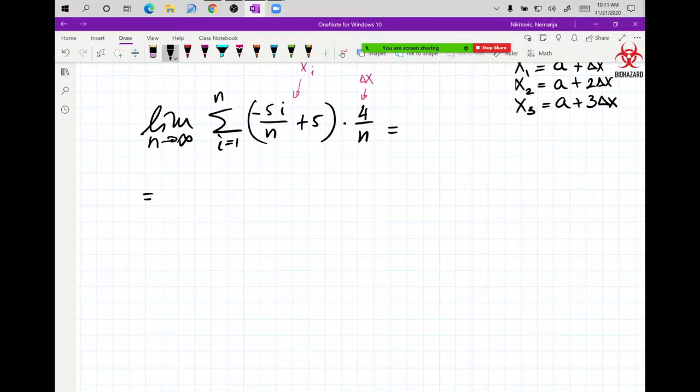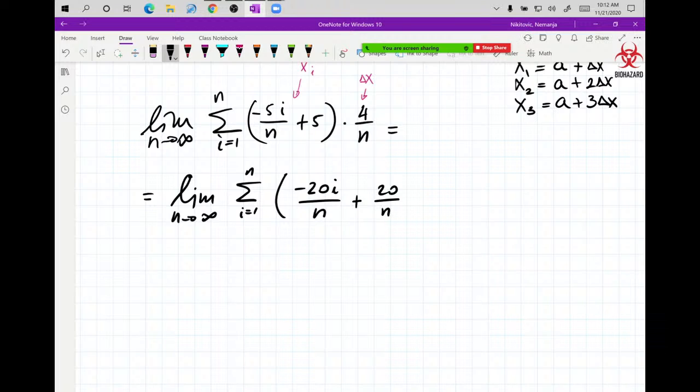So now the only thing I can do is distribute. So we start with the limit n goes to infinity, summation i goes from 1 to n, and over here I have negative 20i over n plus 20 over n. Oh, n squared, oops, on the first one. n squared on the first one, because n times n is n squared.